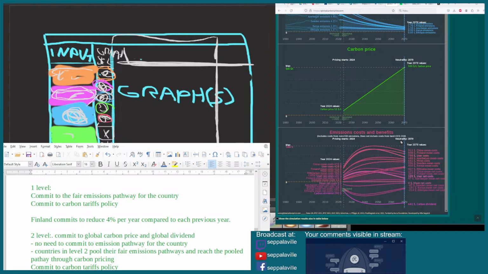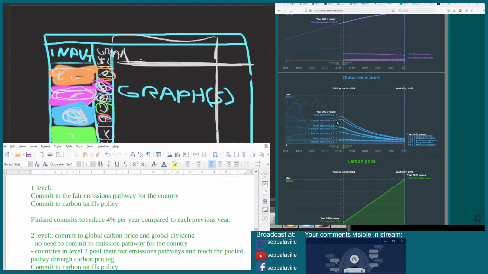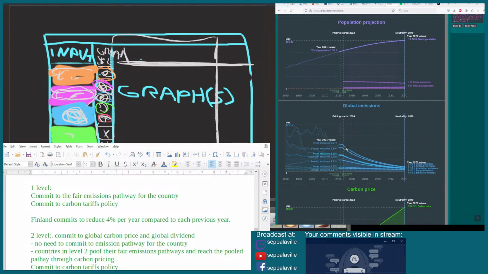But of course this wouldn't apply to these countries who only commit to level 1 of the system. Like these countries who commit to level 2, they wouldn't commit to this individual progression. Even then this would be just a prediction.